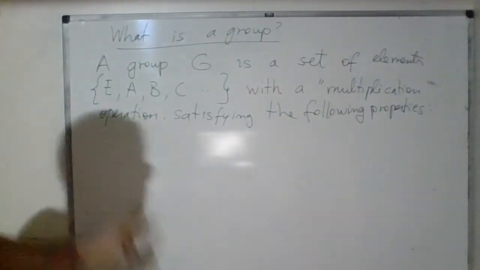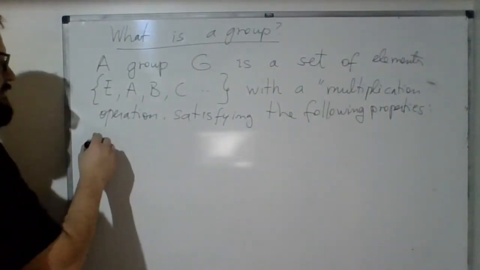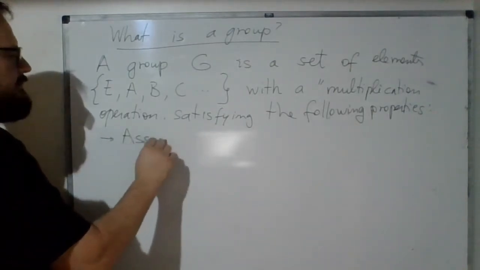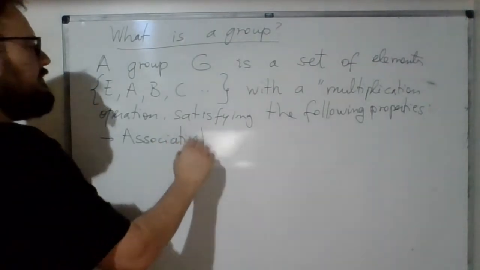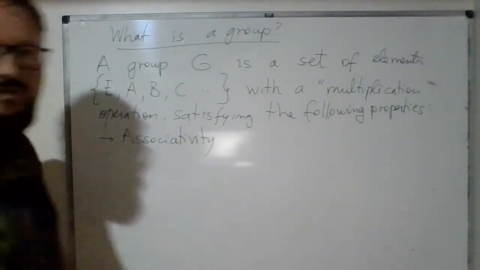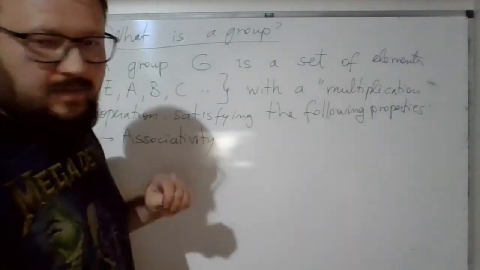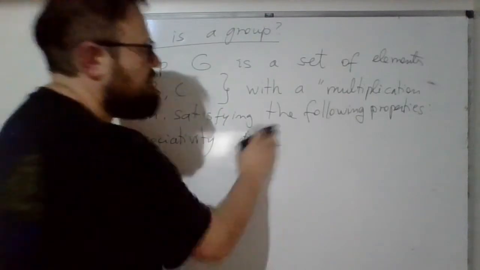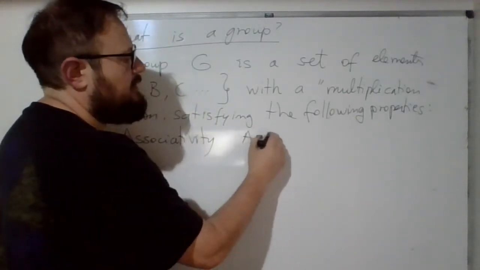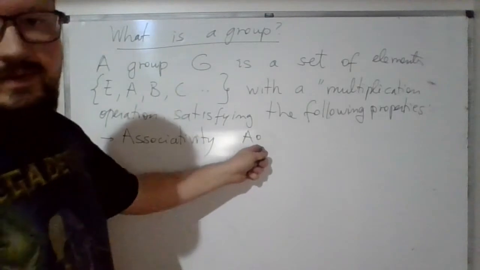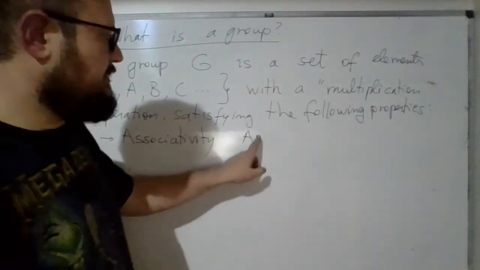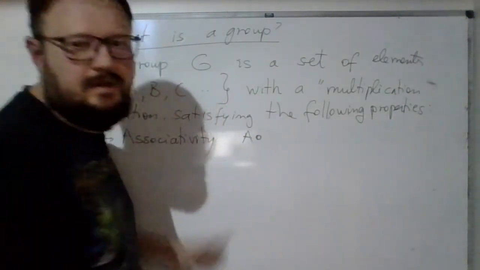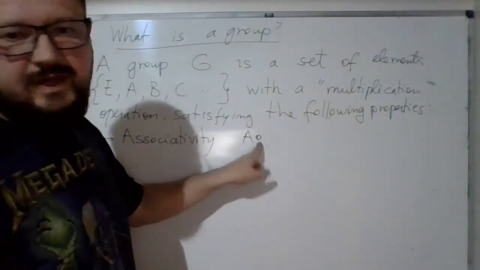The first property is associativity. So if you pick up three elements A, B, C of the group, you can multiply them. I'll call the operation by this empty ball here, all right? So this represents the multiplication.